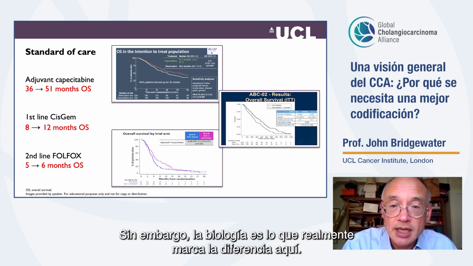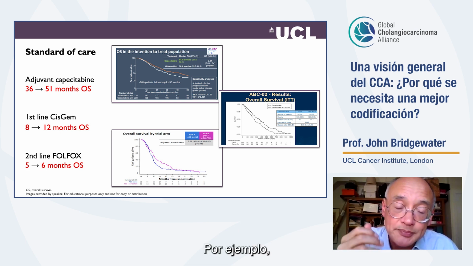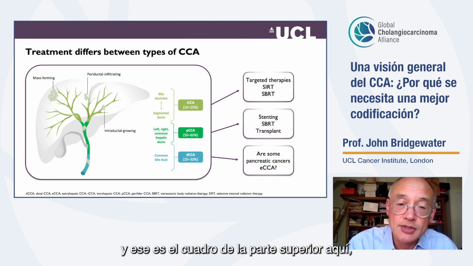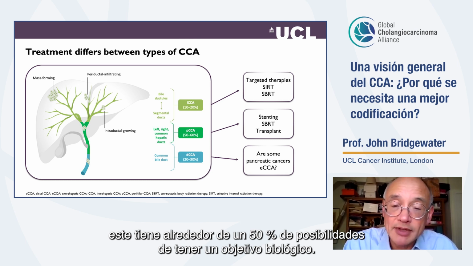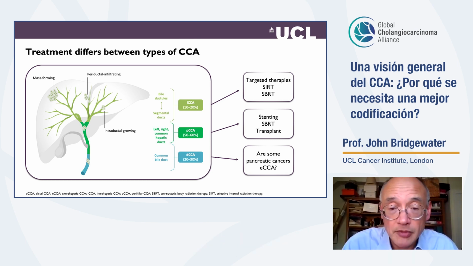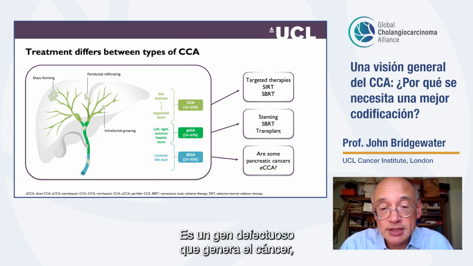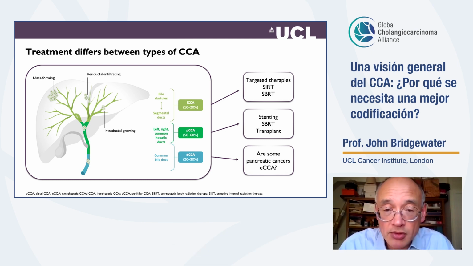However, it is really the biology that makes the difference here. So, for instance, if you're an intrahepatic cholangiocarcinoma, so that's the box at the top here, you have about a 50% chance of having a biological target, and that is a gene. That's a faulty gene that generates the cancer, and we are testing for these now.